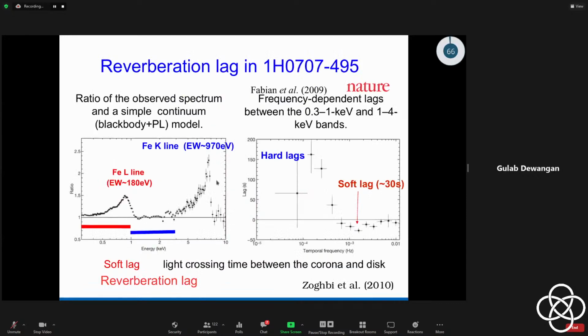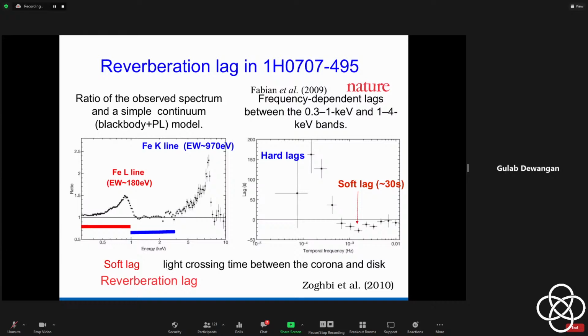There is another important progress in studying the relativistic effects in the AGN spectrum. Because the X-ray power law continuum is illuminating the accretion disk and getting reflected, when you compare the direct continuum and the reflection spectrum, there is expected to be some time delay. Now with observations we can measure such time delays.